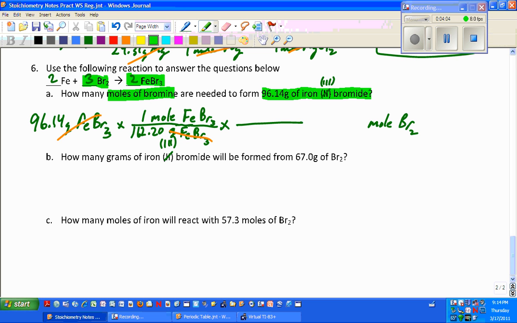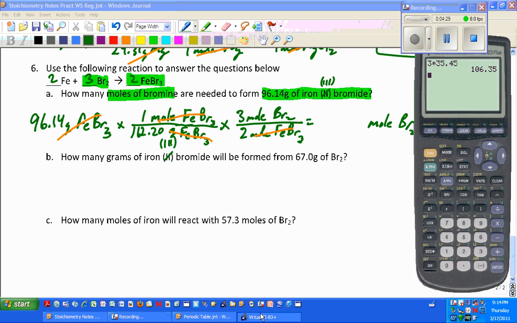So it's a 3 to 2 ratio. On top is going to be 3 moles of bromine. On the bottom is 2 moles of iron 3 bromide. Moles cancel.